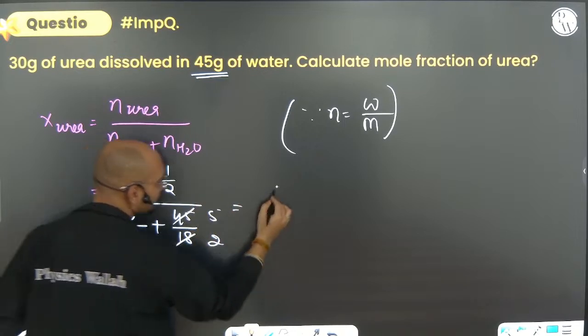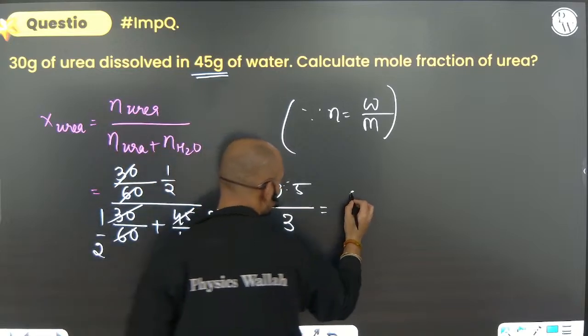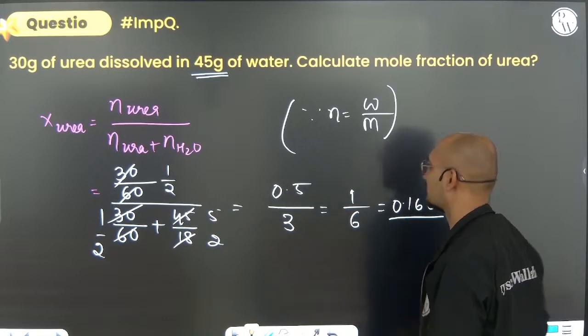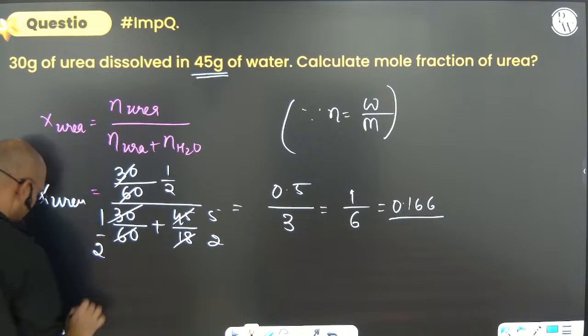That is 0.5 by 3, which is 1 by 6, that is 0.166. So that is the mole fraction of urea in this solution.